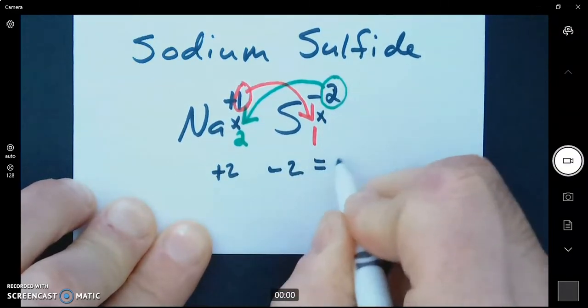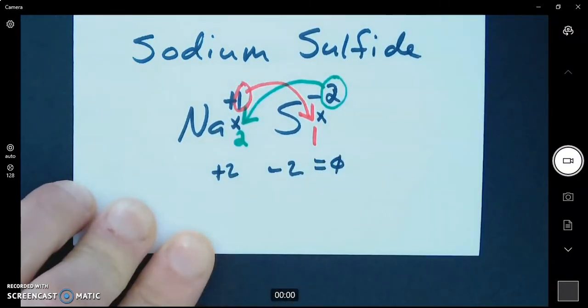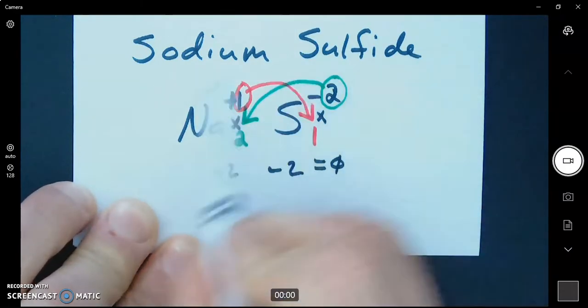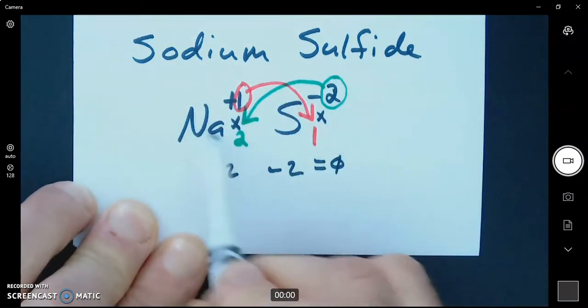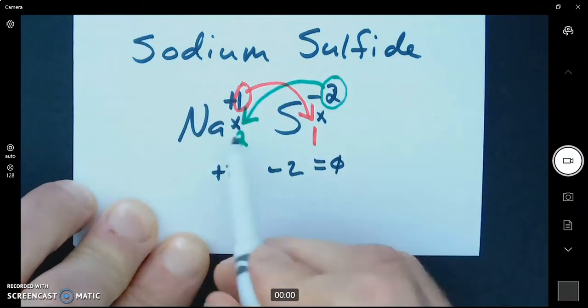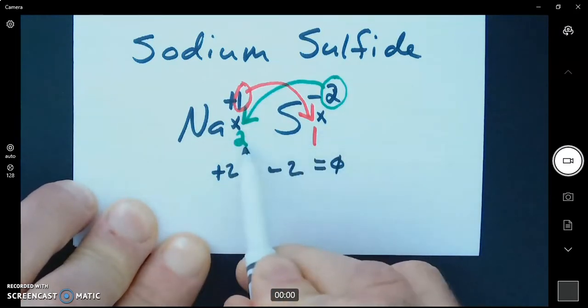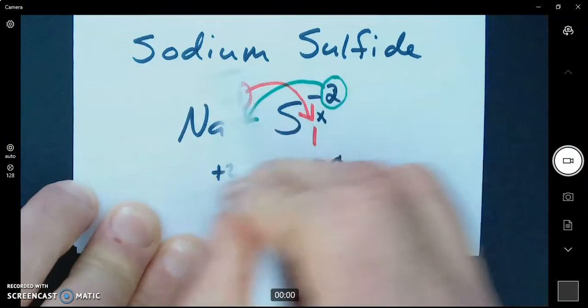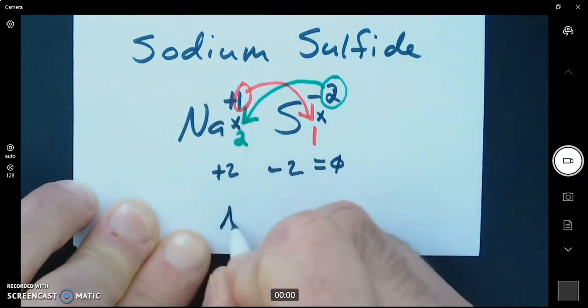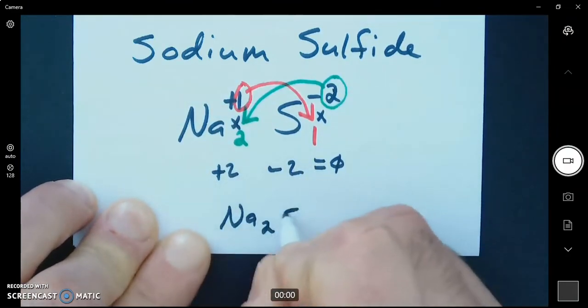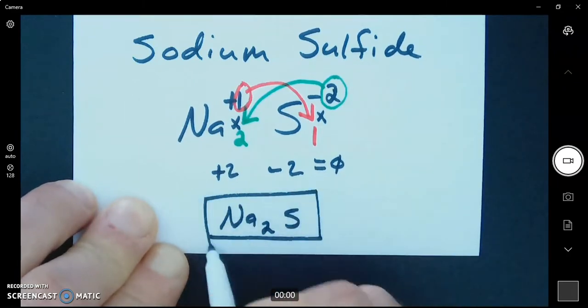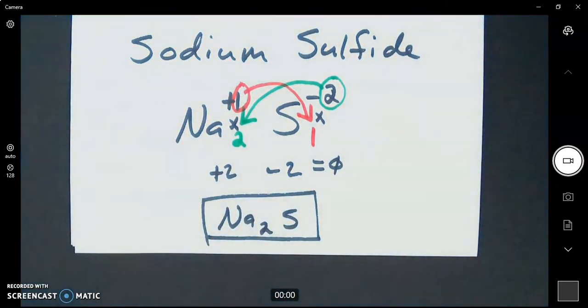Add those together, you get a net charge of 0. All right? Now we need to simplify this thing. Na2, we need 2 sodiums and 1 sulfur. 2-to-1 ratio can't be simplified, but we can clean up our formula. And we can make that Na2S. And like I said, I would put a box, or a circle around your final answer.